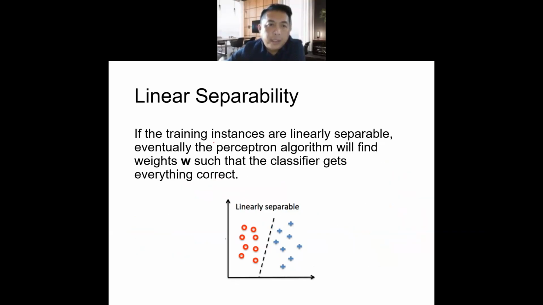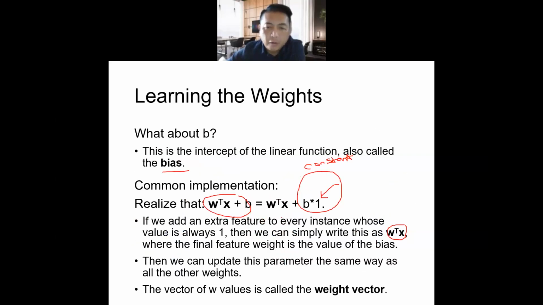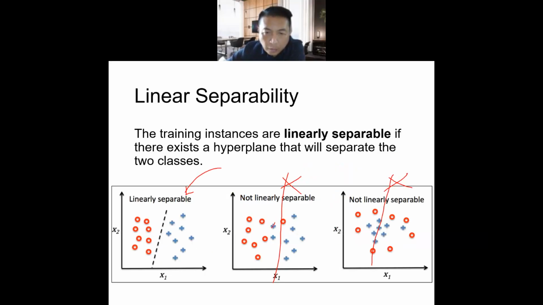If the training instances are linearly separable, eventually the perceptron algorithm will find the optimized weight W such that the classifier gets everything correct. Otherwise, it will have some predictions wrong. For example, this one will be wrong, and this one will be wrong. Same thing here, depending on which side is positive and negative. So you will have many wrong predictions.